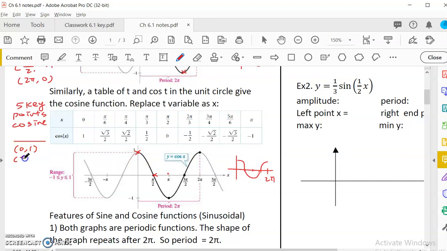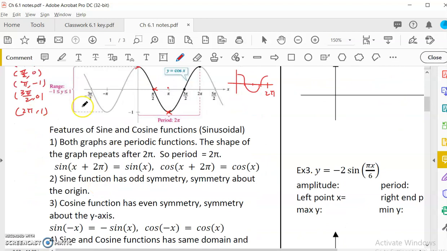When the angle is pi over 2, cosine is 0. And then the third one is the minimum. When the angle is pi, then it's -1. And then when the angle is 3 pi over 2, it goes back to 0. And when the angle is 2 pi, it goes back to 1. Because that's what cosine does. So maximum, intercept, minimum, intercept, maximum for cosine.